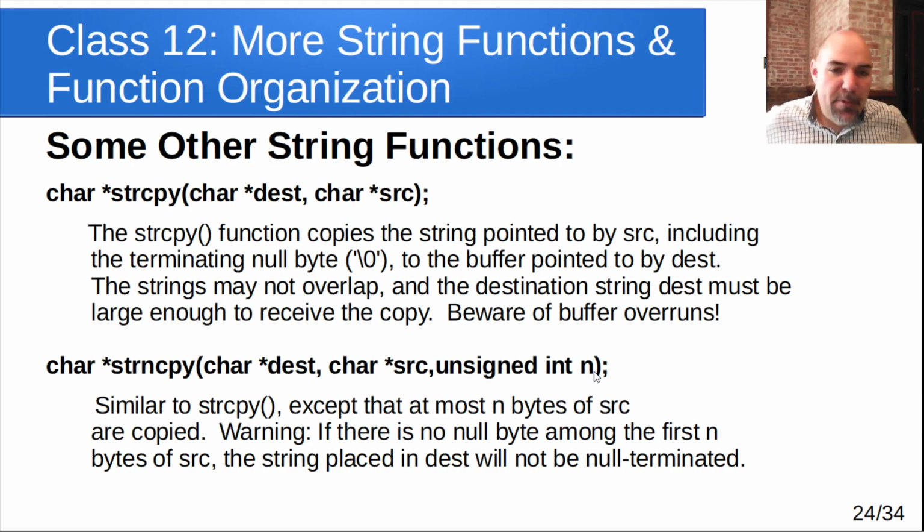Now, one thing that I want to point out is if you go to look at the documentation for these functions, sometimes for example, in Unix, the documentation will have this one listed as a const character pointer, that const in front of that. That basically means that this string is not going to be changed by this function.